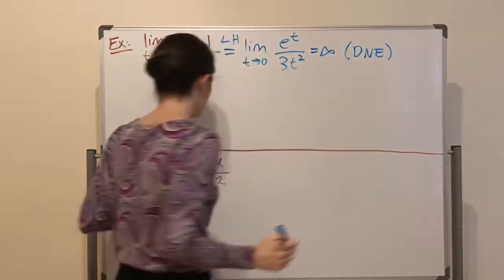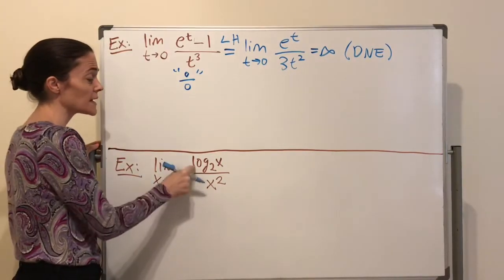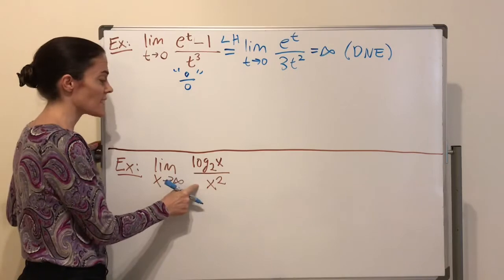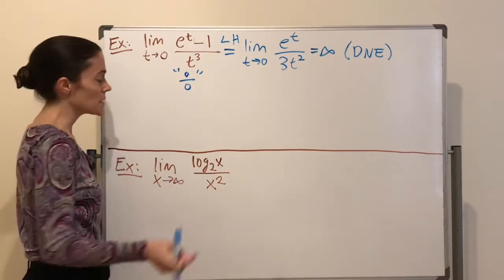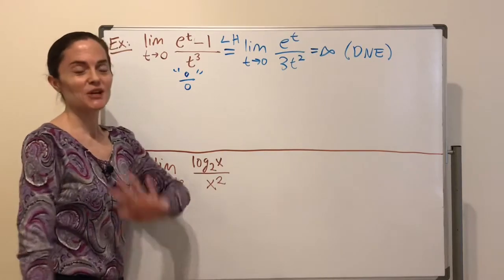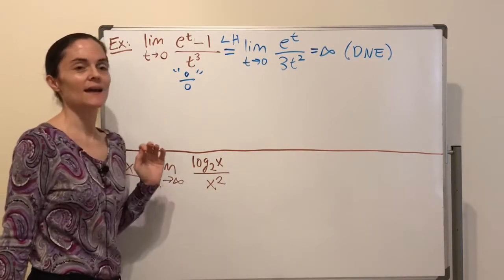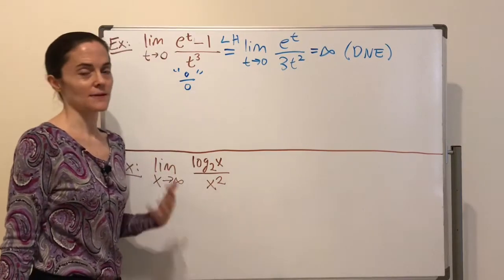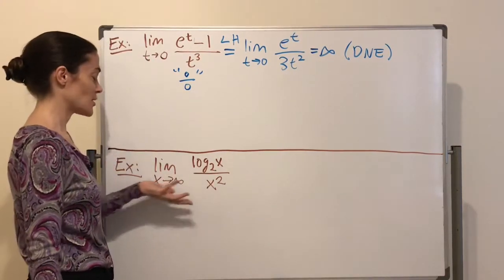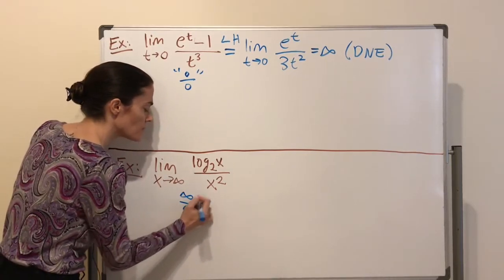Okay? Now this one, we want the limit as x goes to infinity, log base 2 of x divided by x squared. The log base 2 of x grows without bound. And similarly, x squared grows without bound as x goes to infinity. So here we do get an indeterminate form.